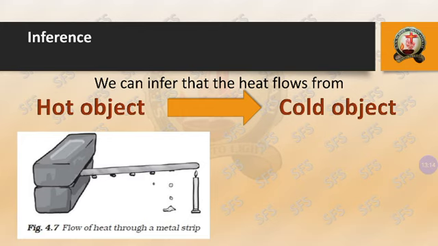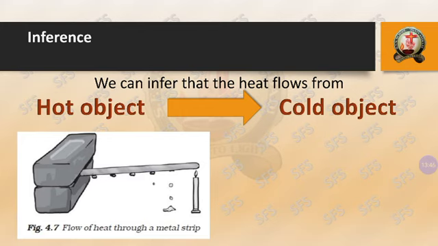The reason being, the heat is getting transferred from the hot object or hot area to the cold area, right? In that position of the scale where the candle flame is near, the hotness will be more, and as a result this wax will start melting easily.